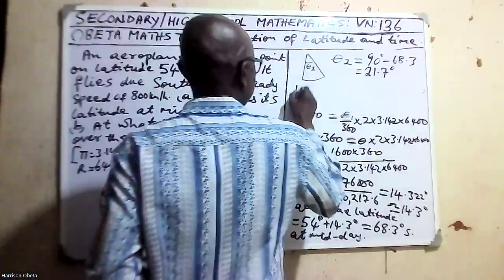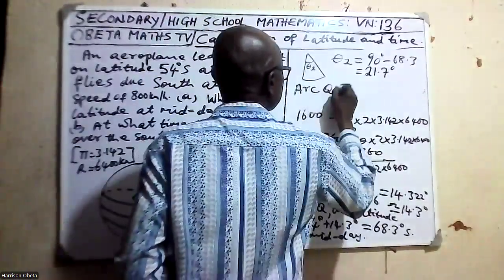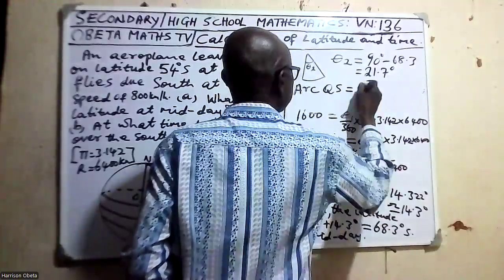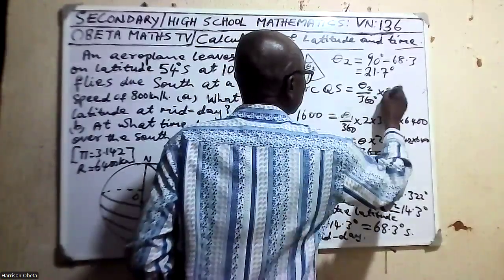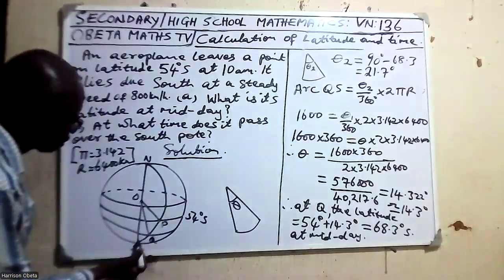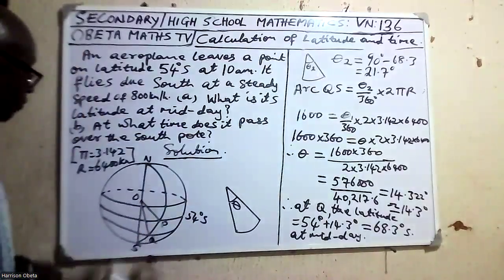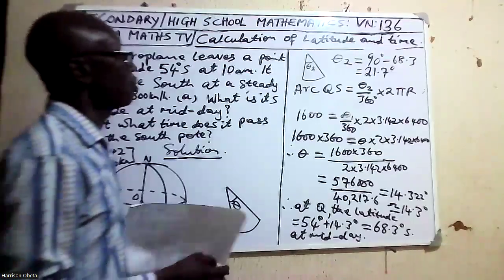Again, we know that arc QS should be theta 2 over 360 times 2 pi capital R. That is the distance from here to here, because it is after covering that distance that it will pass over the South Pole.